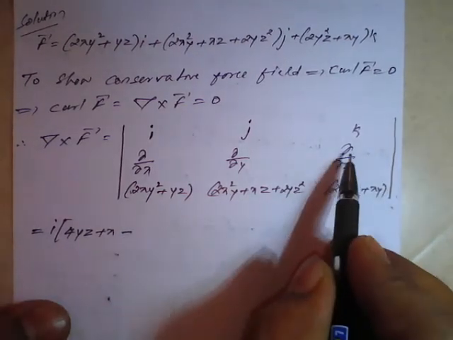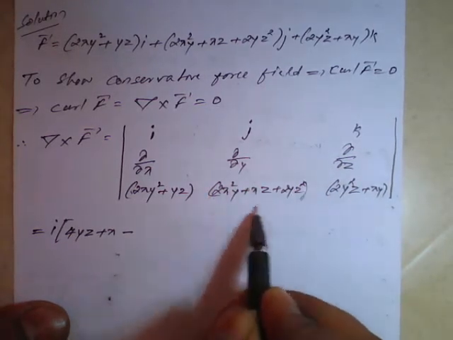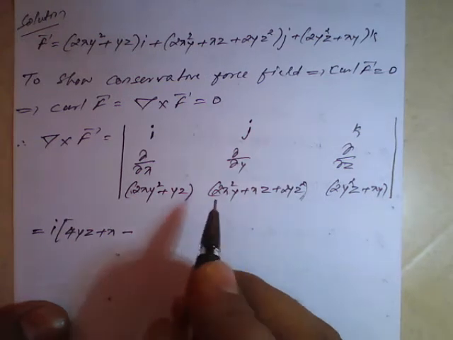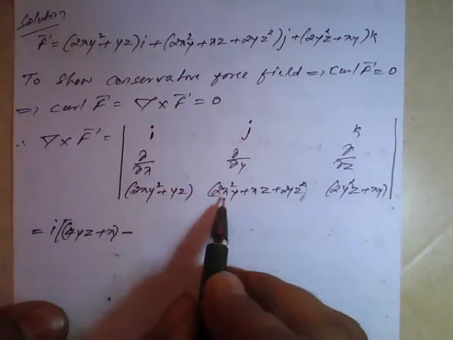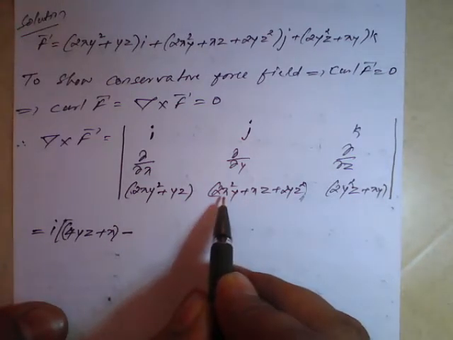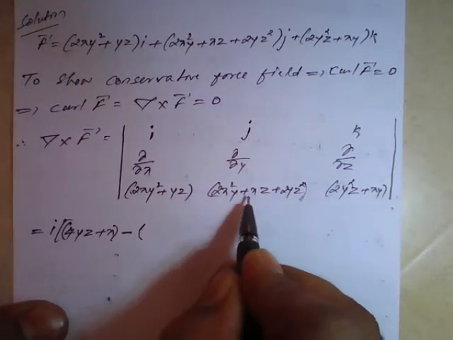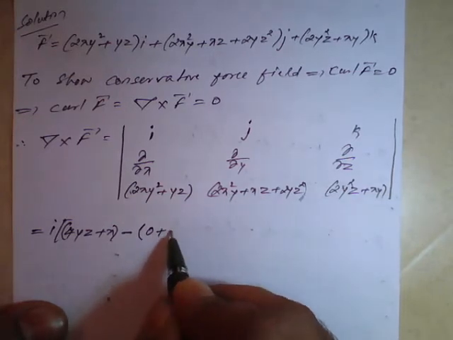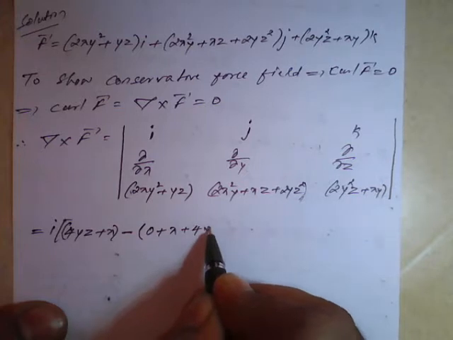Formula minus, dou by dou y of our middle bracket with respect to z: first term is 0, second term will be x, third term will be plus 4yz.